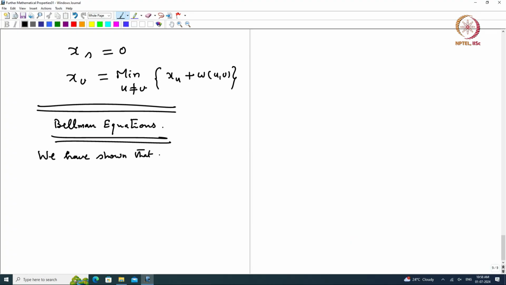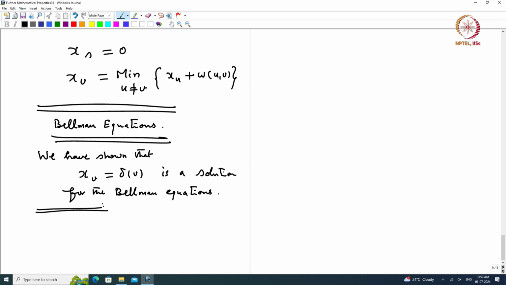We have shown that xv equal to delta v is a solution for the Bellman equations. We have shown that this is a solution for Bellman's equation, that is a good news.